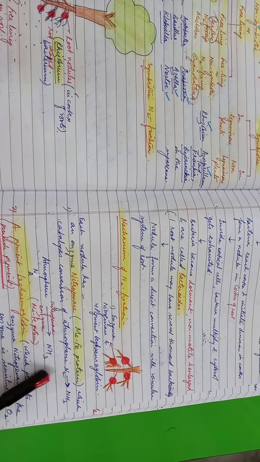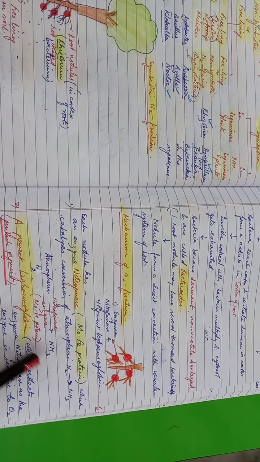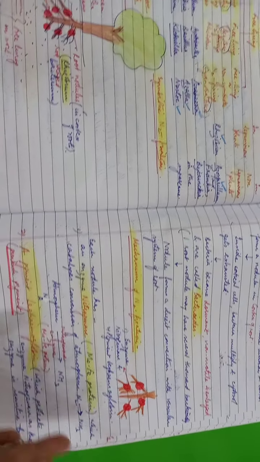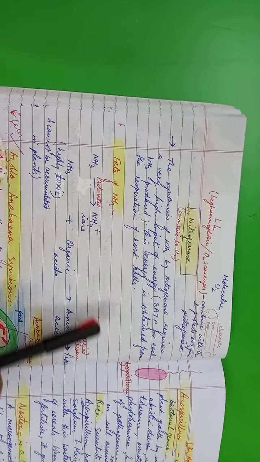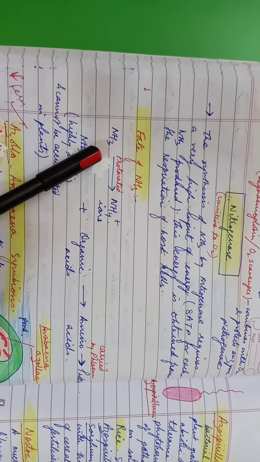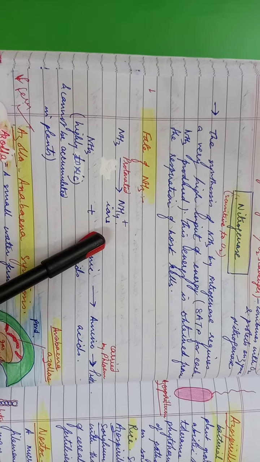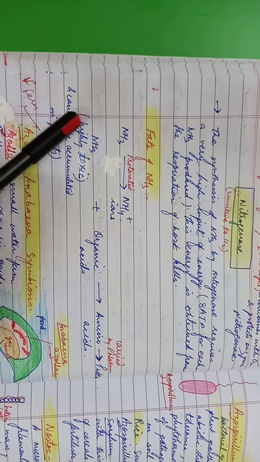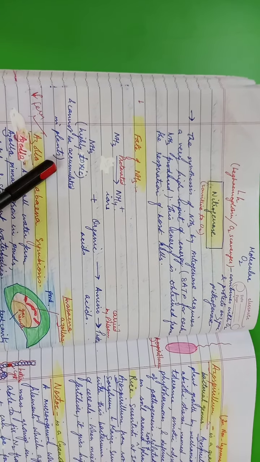Now, once this ammonia is formed, what will be the further reaction of this? Let us proceed with this today, right? So, this ammonia, when it is formed, we are starting from here, fate of ammonia. This ammonia is protonated into ammonium ions. Ammonia is highly toxic, and for the same reason, it cannot be accumulated in plants.